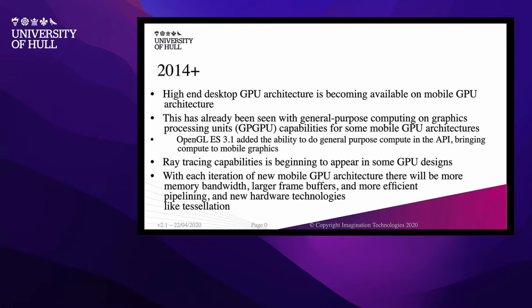Then just moving on a year or so, we're looking at essentially high-end desktop GPU technologies previously, and now available on high-end mobile GPU architectures. So OpenGL ES 3.1 actually adds the ability to use the GPU as another CPU. The GPU is basically a very good dedicated matrix and vector calculator.